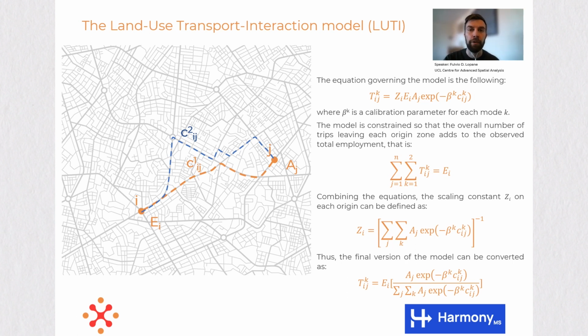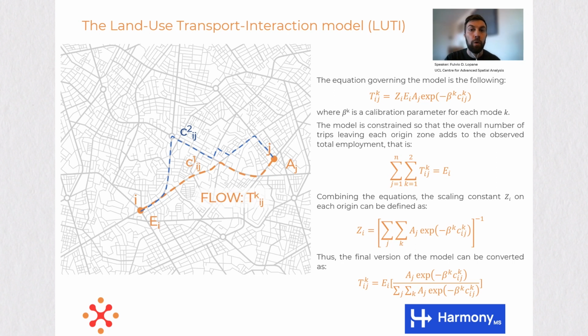So you can travel using your car or public transport, and these will entail different costs. So we could have a CIJ1 for one mode of transport and a CIJ2 for another mode of transport. So combining all these different factors, we evaluate the flow Tijk between origins I and destination J by mode of transport K.